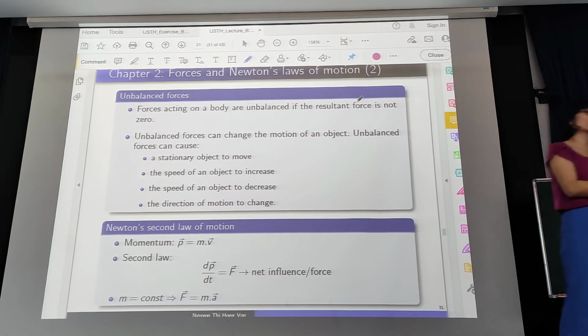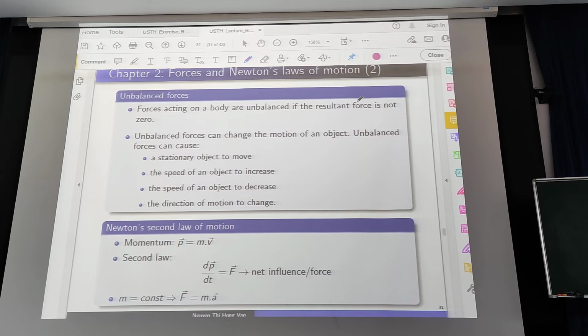Unbalanced force. So still, now we go back to the inertial frame. Okay? We will come back to the non-inertial frame later. But now we deal with the inertial frame.